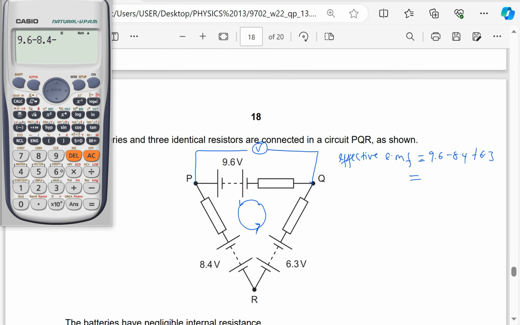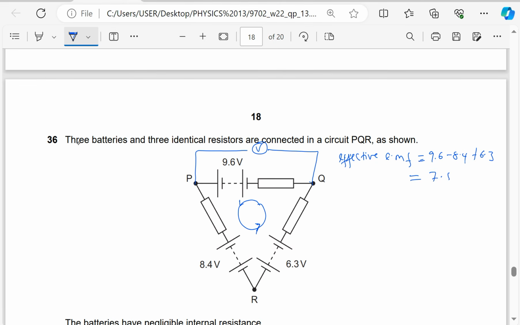Did I do it correctly? 9.6 minus 8.4 plus 6.3. So the effective EMF is 7.5 volts.